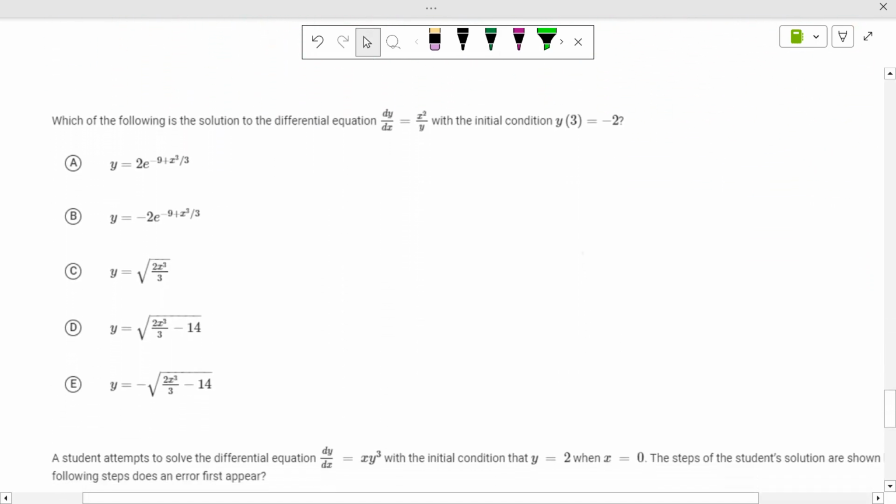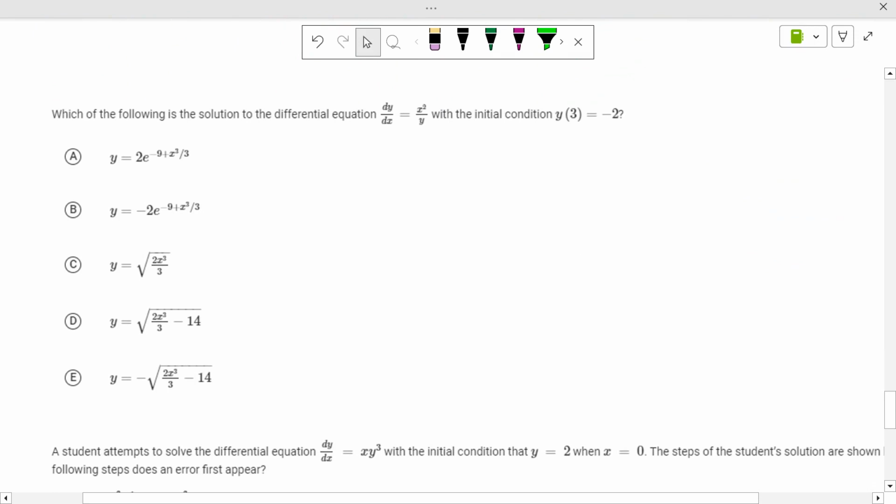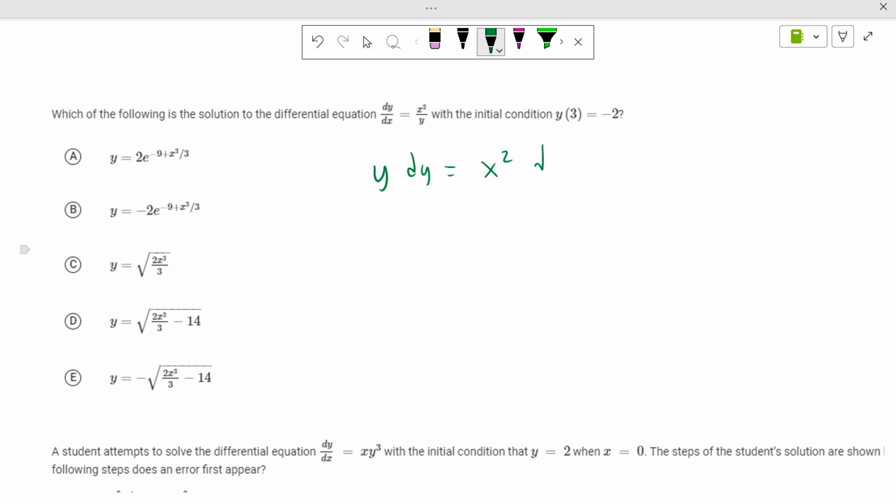All right. Which of the following differential equations with the initial condition, which one works for this? What would you do? Separation of variables. y dy equals x squared dx. Integrate. So 1/2 y squared equals 1/3 x cubed plus c.